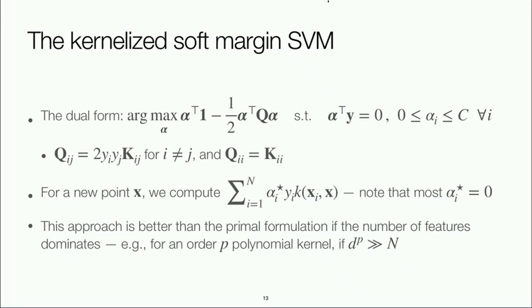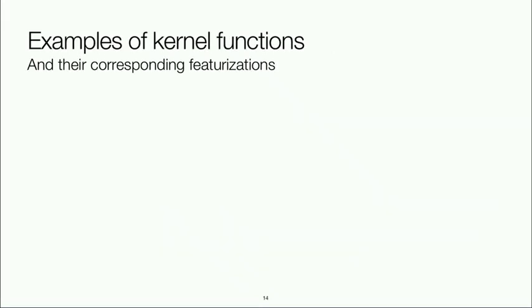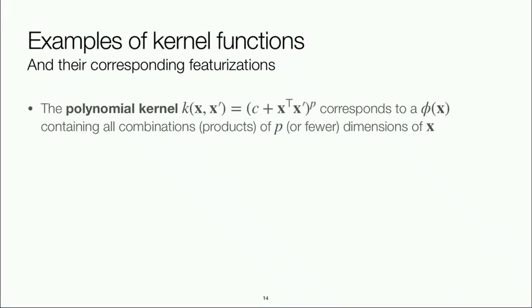And so let's round this out with a couple of examples of kernel functions and their corresponding featurizations. We've discussed an example of this already, which is the polynomial kernel, a kind of generalization, which is C plus x transpose x prime to the pth power, okay?